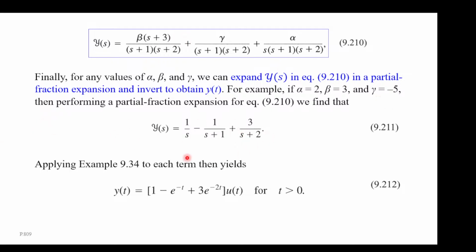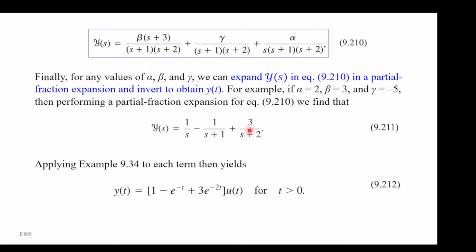And then we do partial fraction expansion to find our Y of s equal to 1 over s minus 1 over s plus 1 plus 3 over s plus 2. Okay. And a very quick check, it makes sense because you have s factor, s plus 1 factor, s plus 2 factor here.